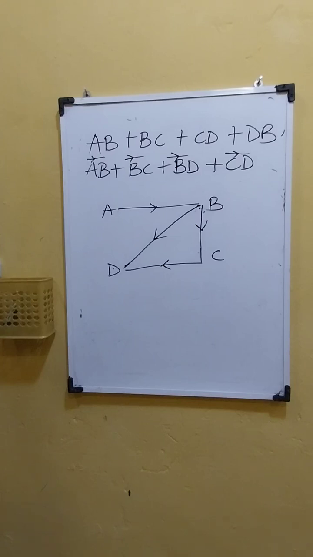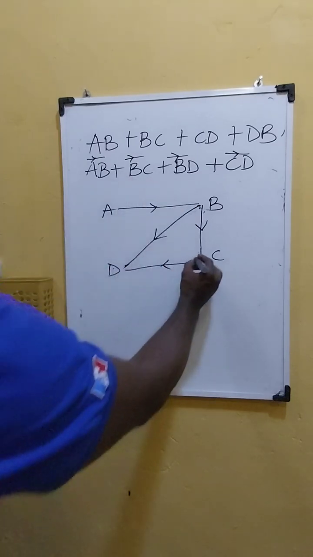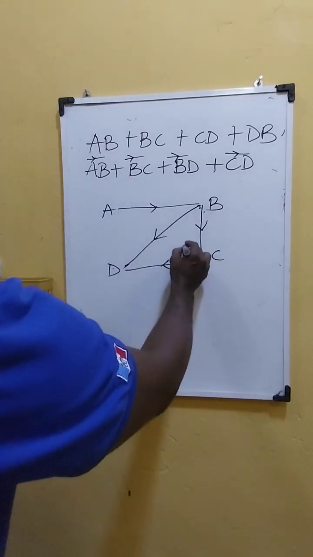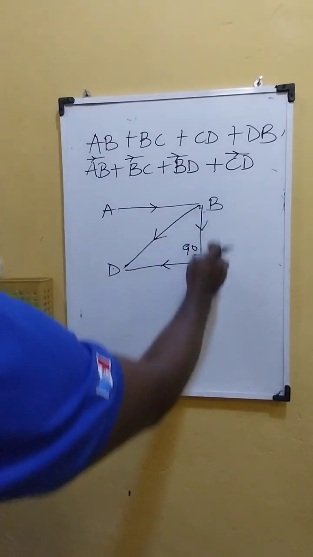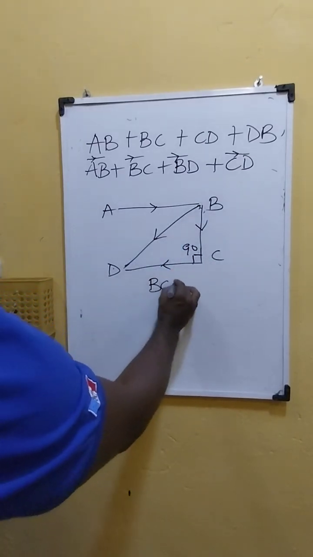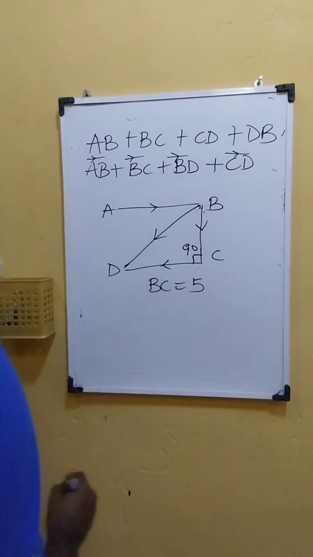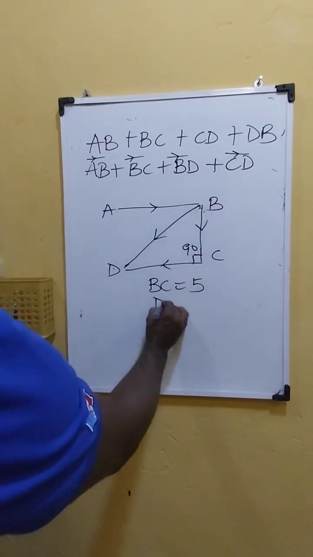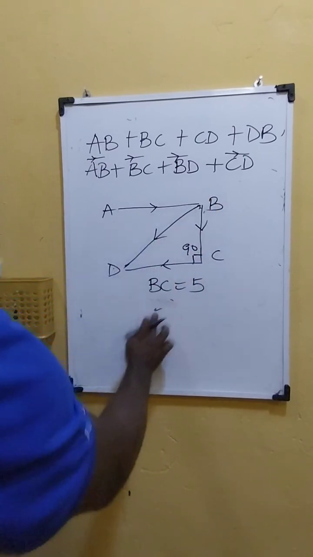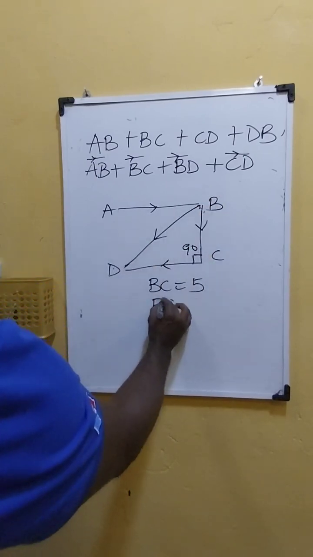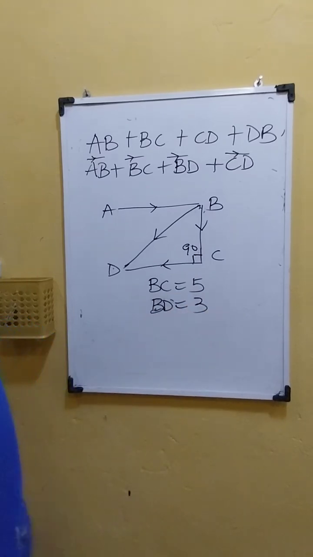They are just telling you the direction. So sometimes when you see this kind of arrangement, you now have a right angle triangle which is 90 degrees. So now that you have it here, if they give you the value, they say BC is equal to 5, BD is equal to 3.